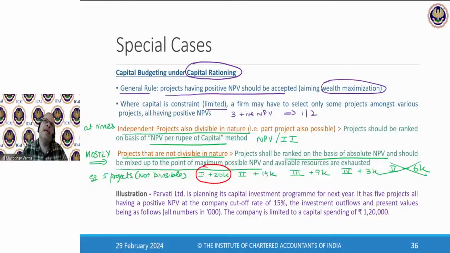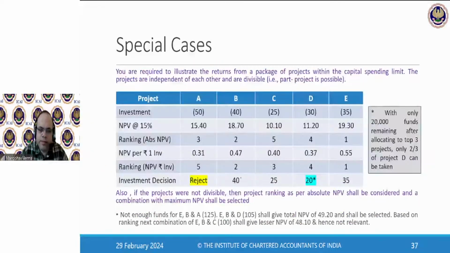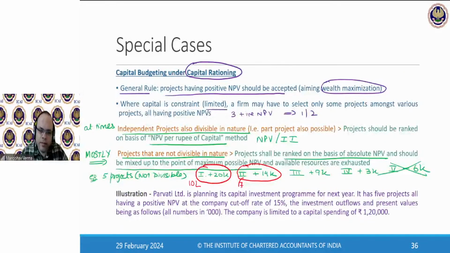But think it loud, guys. Let's take an example that project 1 requires an initial investment of 10 lakhs. We have 10 lakhs only. Project 2 requires 6 lakhs and project 3 requires 4 lakhs.